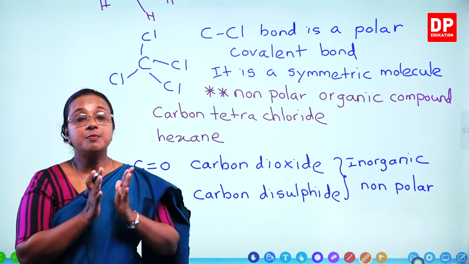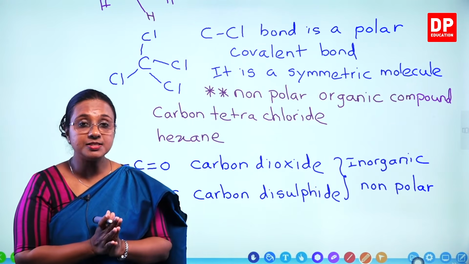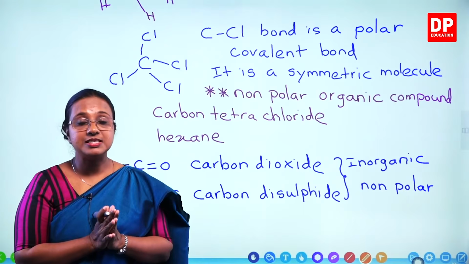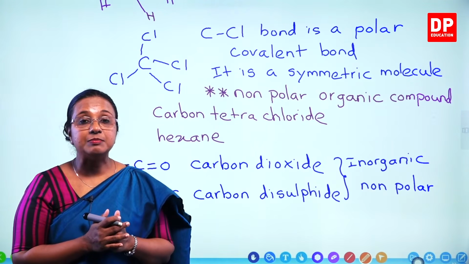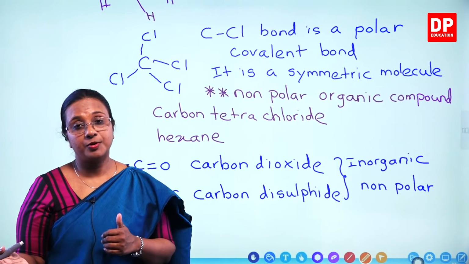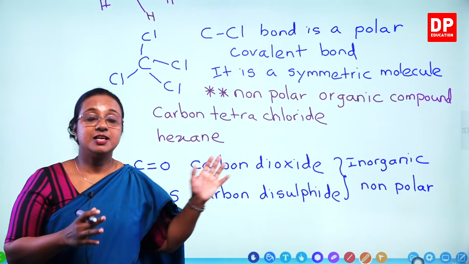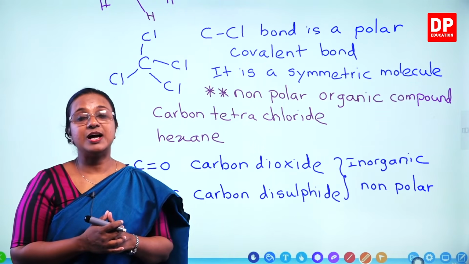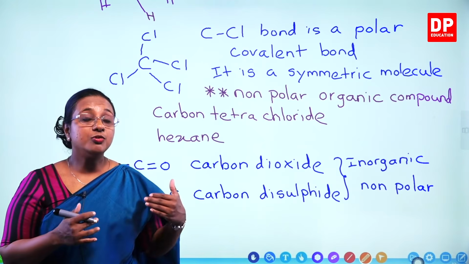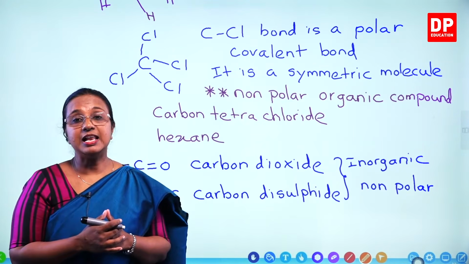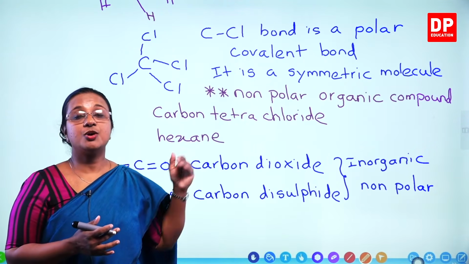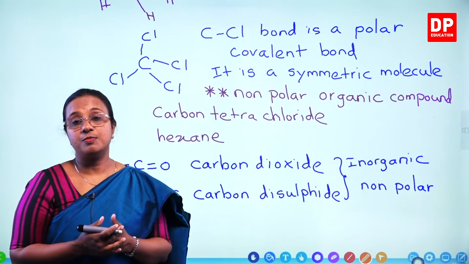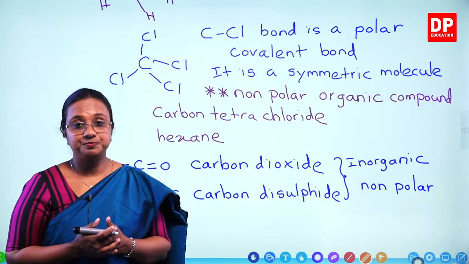If there are polar covalent bonds but the molecule is symmetric, then the compound is non-polar. So this is a lot for you all to understand. We are not going into too much detail. I have just introduced what polar and non-polar compounds are.